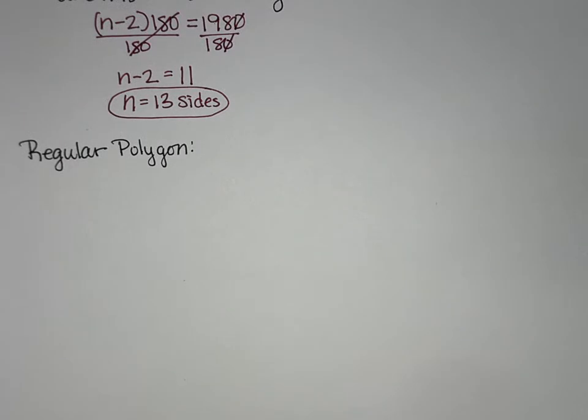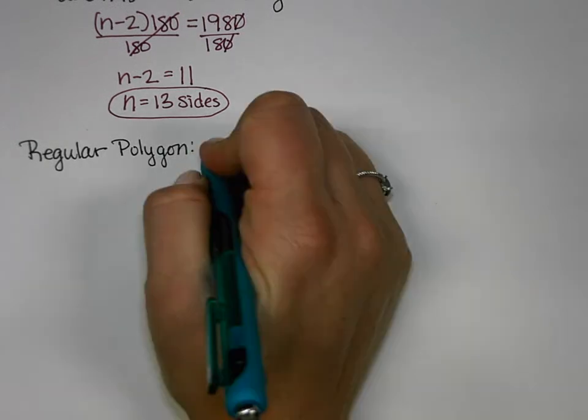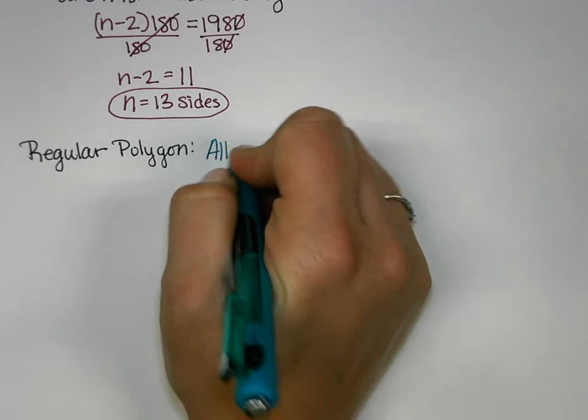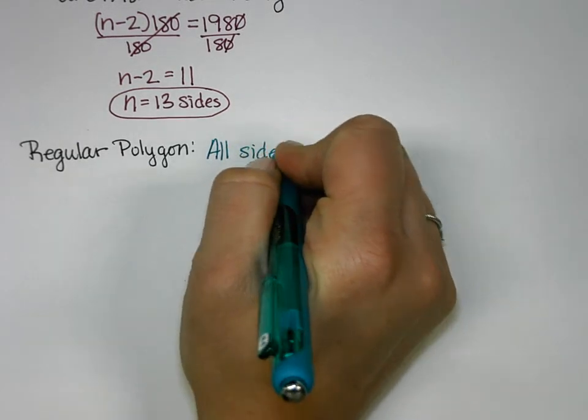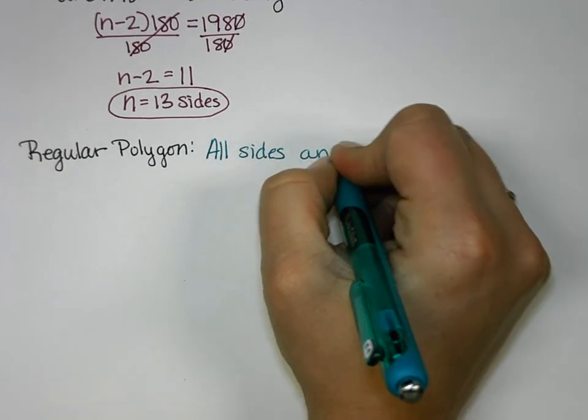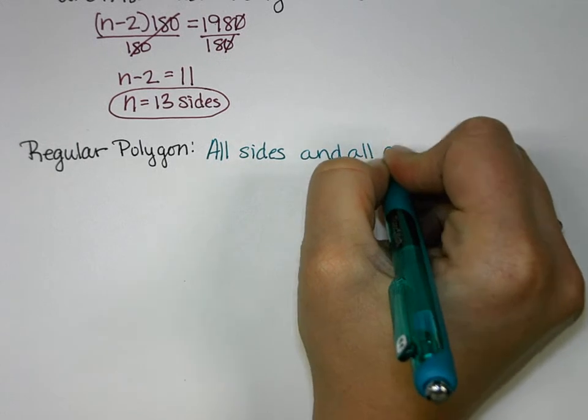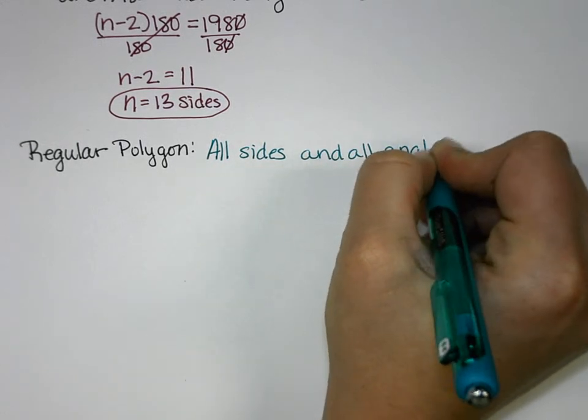Okay, so stars are not regular polygons because those are concave. But a regular polygon is like a square when all sides and all angles are congruent.